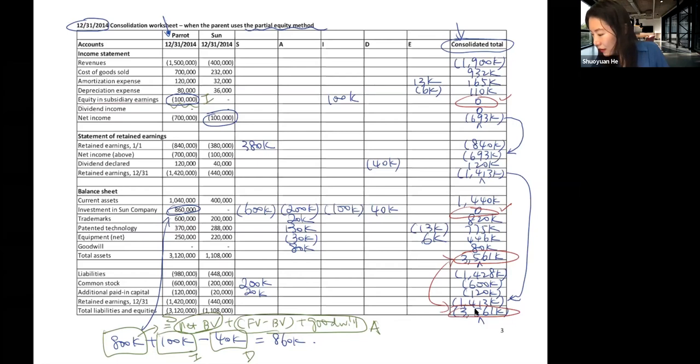So here, for consolidation entry I, the entry is the same, but the amount is different compared with the equity method.